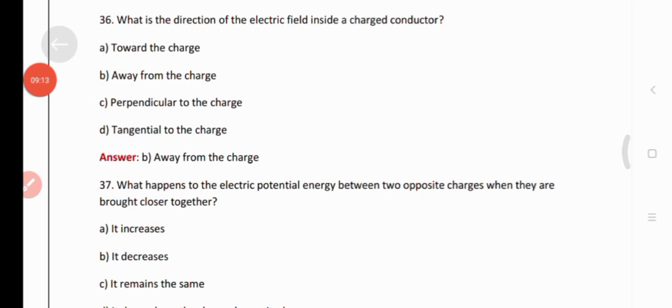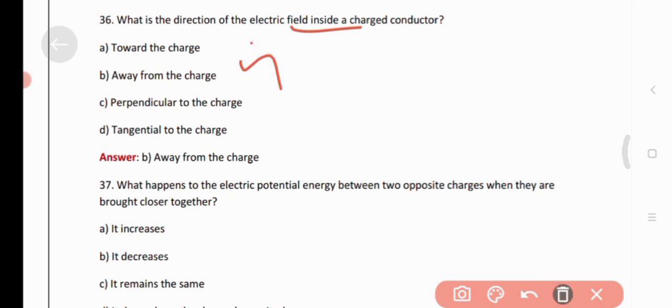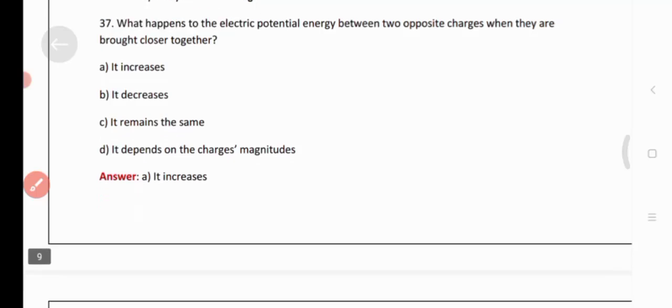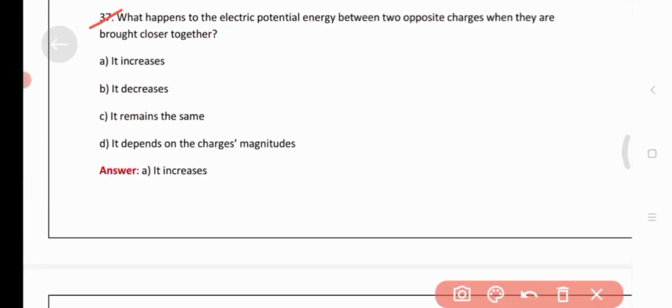What is the direction of electric field inside a charged conductor? Option B, away from the charge. What happens to the electric potential energy between two opposite charges when they are brought closer together? Option A, it increases.